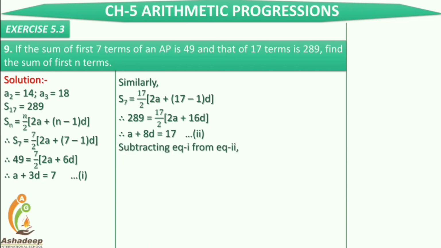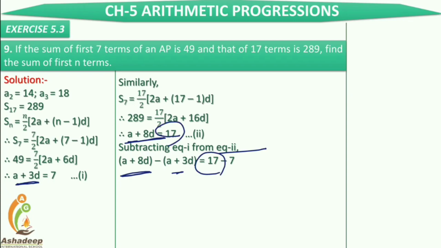Subtracting equation 1 from equation number 2, what we get is, see, from 2 we have to write down in the initial position and this at the second position is equal to 17 minus 7. So 5d, how does this 5d come?